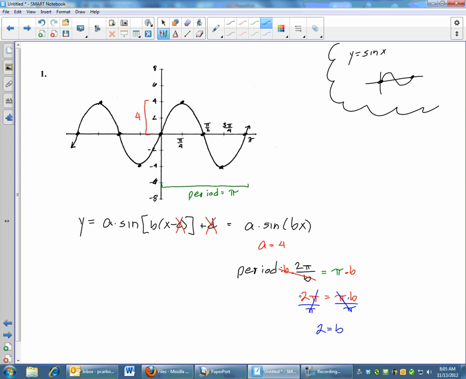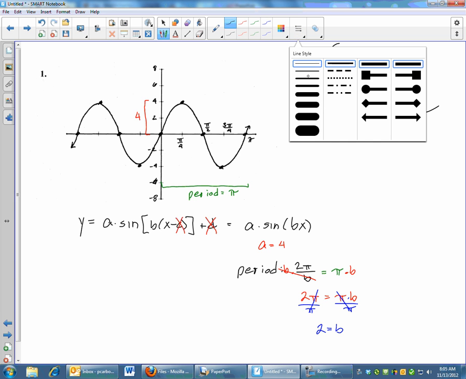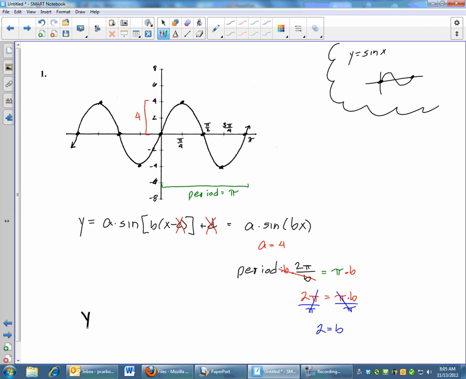Now that I know what a and b are, I can finish this problem and say that the equation of this graph is y equals a, my amplitude was 4, sine, and based off the period of pi, I was able to determine that the coefficient of x is 2. So 4 sine 2x would be the equation of this graph.